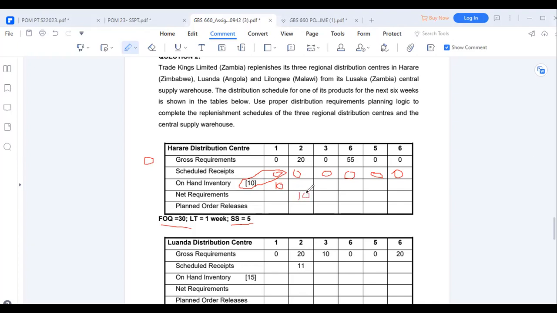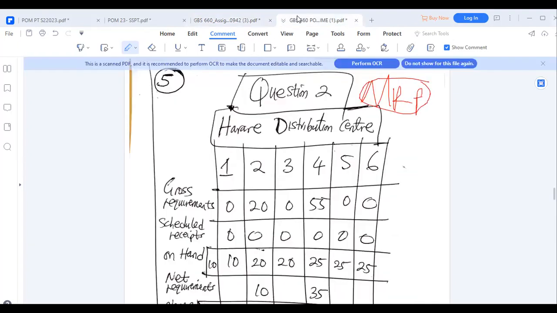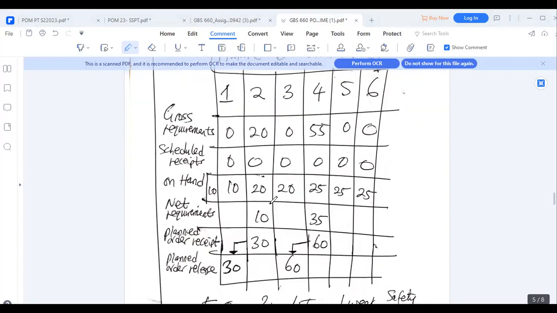All right. So if you look at this one here, we would discover that in the Harare Distribution Center, we had the on hand of 10. So 10 plus 0 is 10. To meet the demand of 0, you still have 10 units on hand.